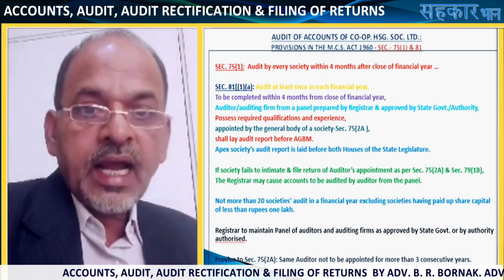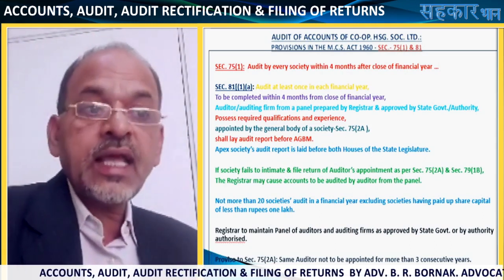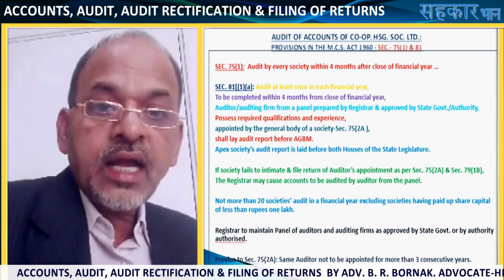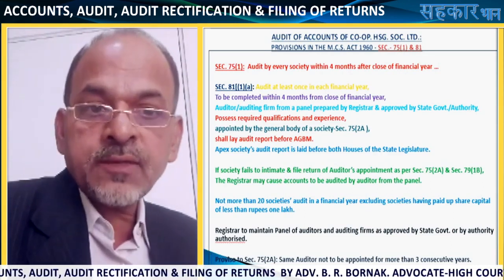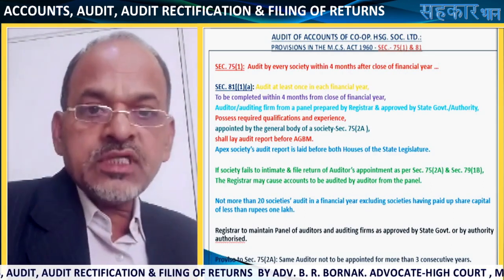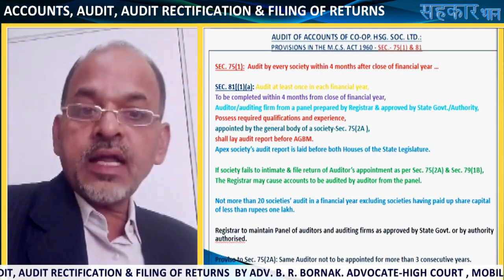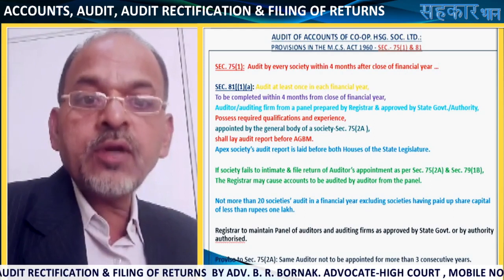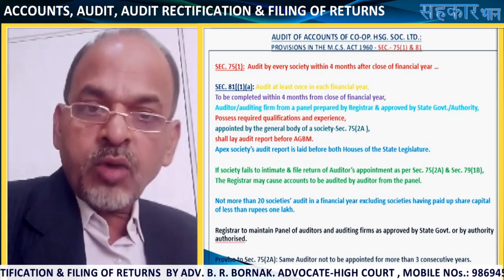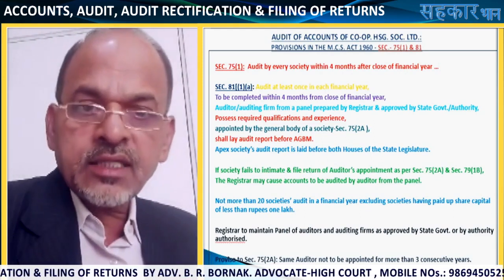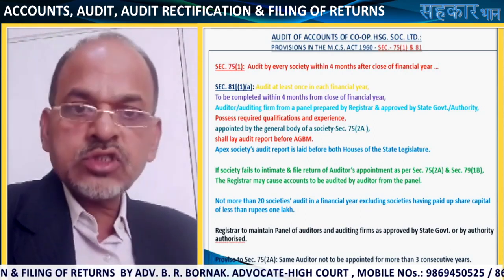So under these provisions, it is mandatory to file a return of appointment of auditors. Once you file the return of appointment of auditor and intimate the registering authority that your society has appointed an auditor, then the registrar will confirm that the society has appointed the statutory auditor at the society's level only.